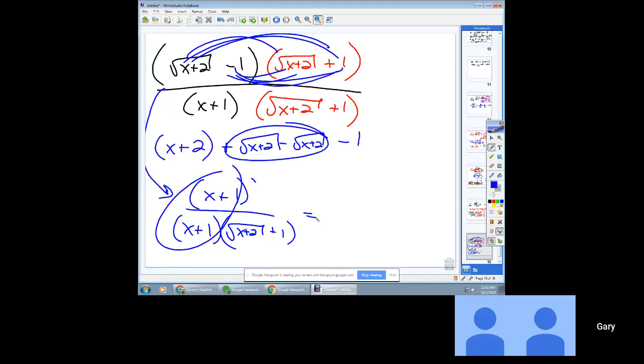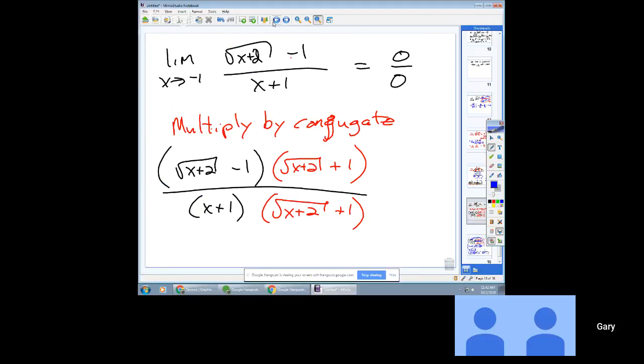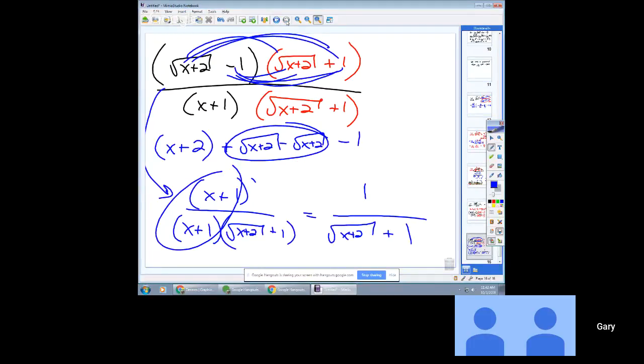Therefore, this must be equal to 1 over the square root of x plus 2 plus 1. Now let's cheat again. What is x approaching in the original problem? Negative 1. Can I sneak a negative 1 in now and hope it works out? Yes. If I plug in x equals negative 1, I get 1/2 for the whole thing.